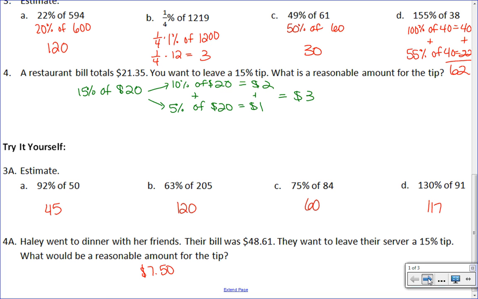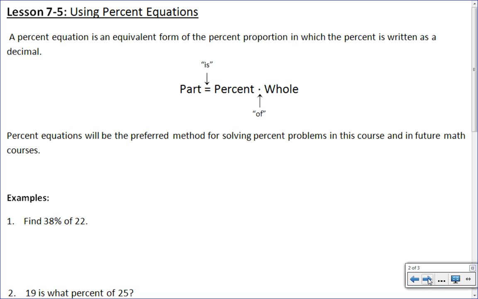Okay, let's continue on to lesson 7.5, using percent equations. So percent equations are going to be used for the same types of problems that we previously used percent proportions for. So a percent equation is an equivalent form of the percent proportion in which the percent is written as a decimal. And the nice thing about this is that the equation looks the same no matter which part you're missing.